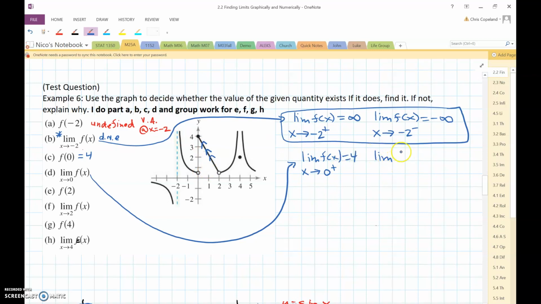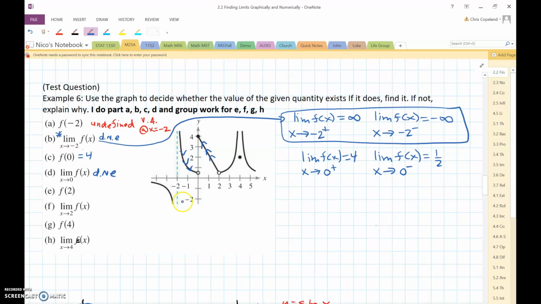And the limit of f of x as x approaches 0 from the left, this is going to be 1/2. So again, because these one-sided limits don't equal each other, this is going to be does not exist.